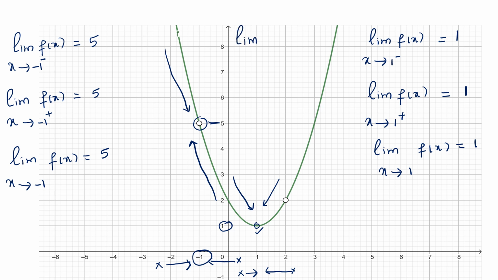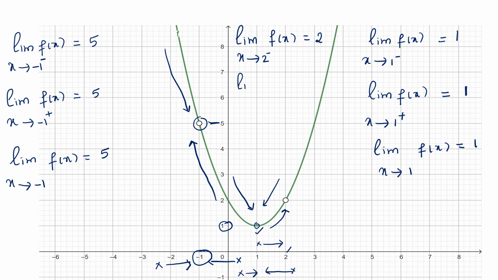We are going to find the limit as x tends to 2 from the left side. The corresponding value of f(x) approaches what? The value is 2. Suppose x is here, x approaches 2 from the left side, corresponding to like this. The corresponding value is equal to 2.